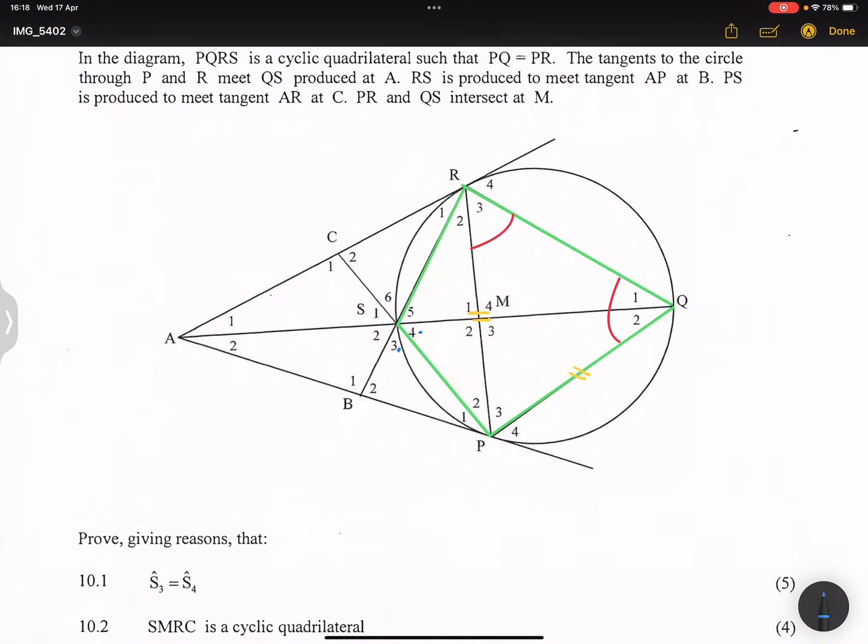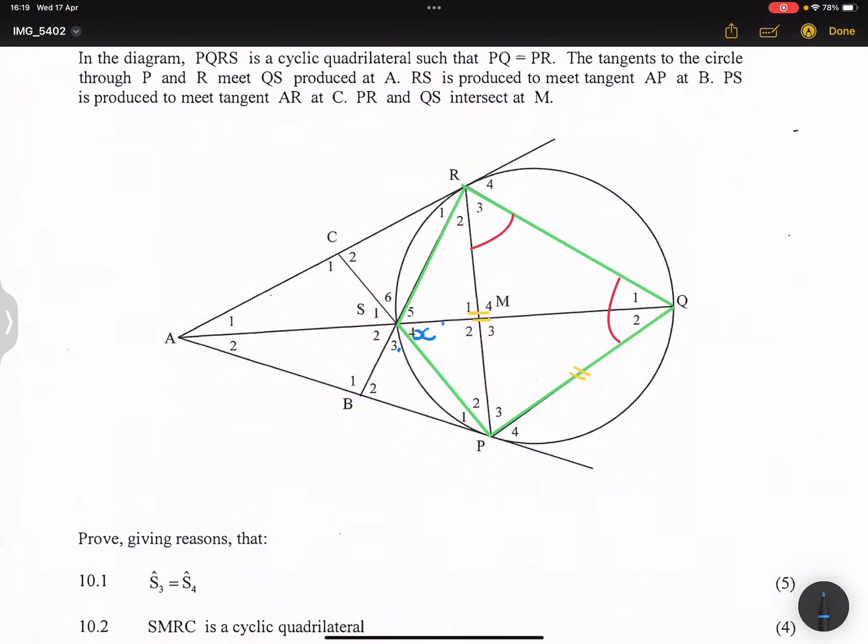Let me start with S4 because it's within that circle. Let's call S4 x. We're going to try and identify any other angle, before we answer the question, that is equal to x. All right, let's try and do that.